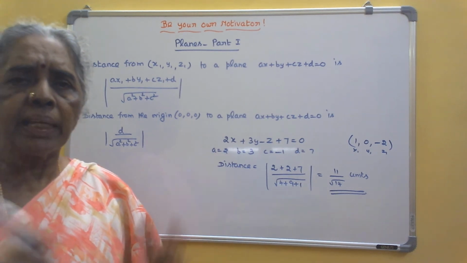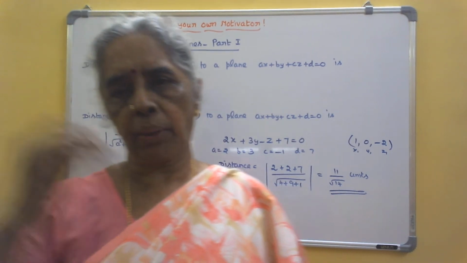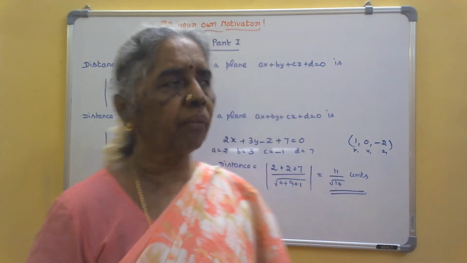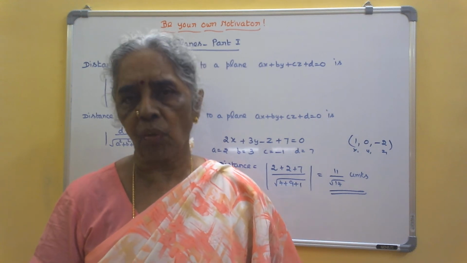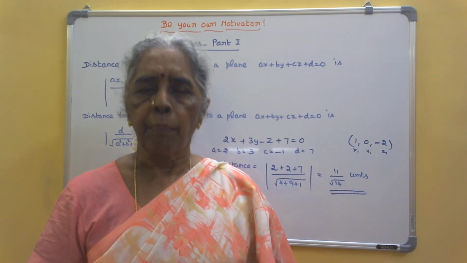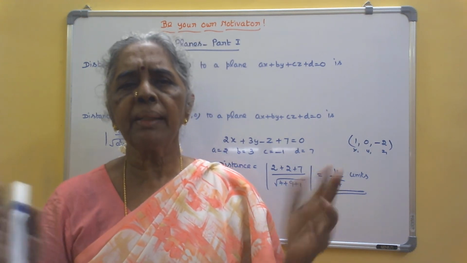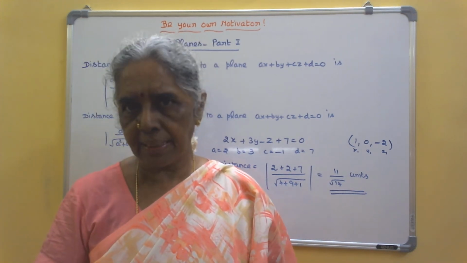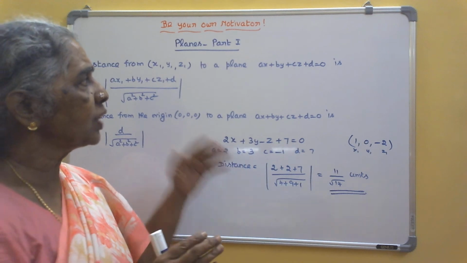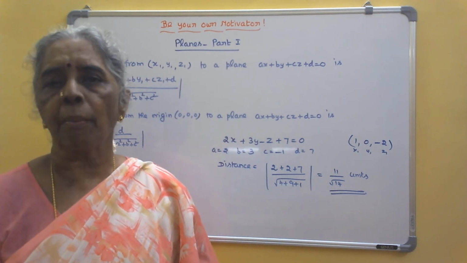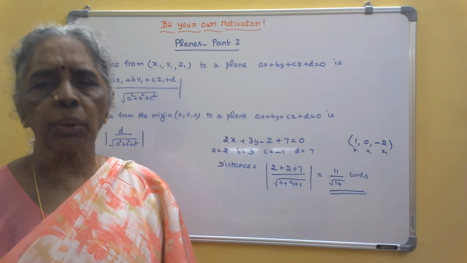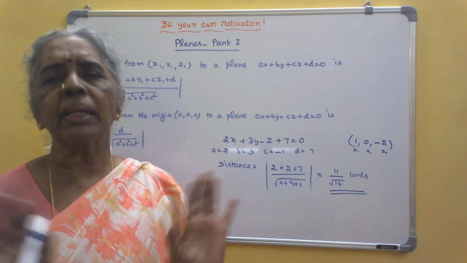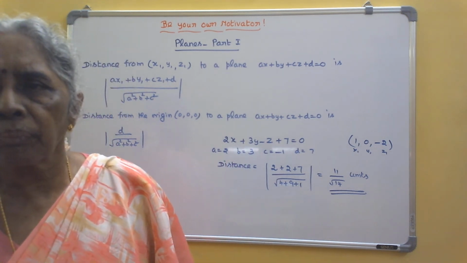Now, if the equation is given in vector form, you can either convert it to Cartesian form and make use of this formula, or the perpendicular distance from the origin is very simple using vector also. But I would suggest that whether it is from the origin or from some other point, you convert it into Cartesian and proceed this way so that you won't be confused at all. Okay?